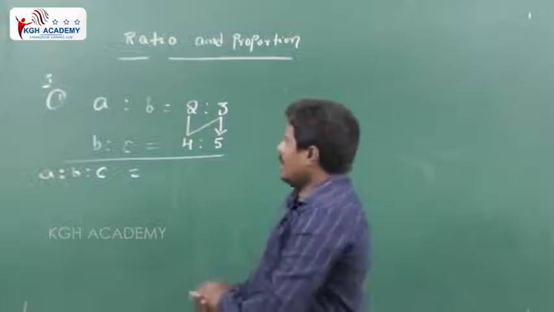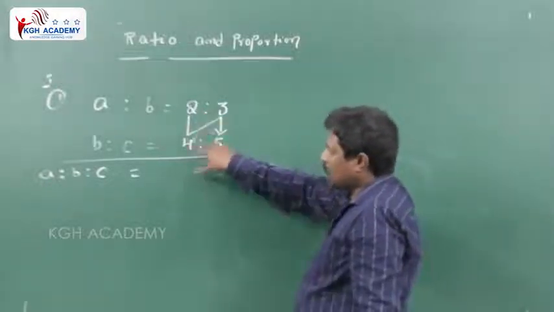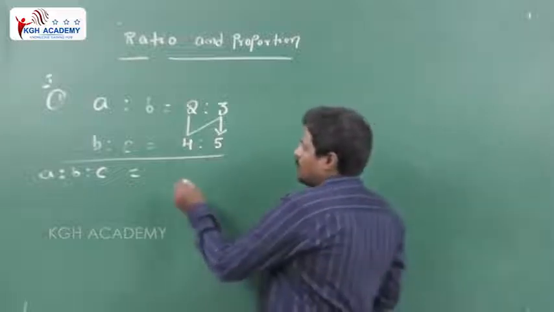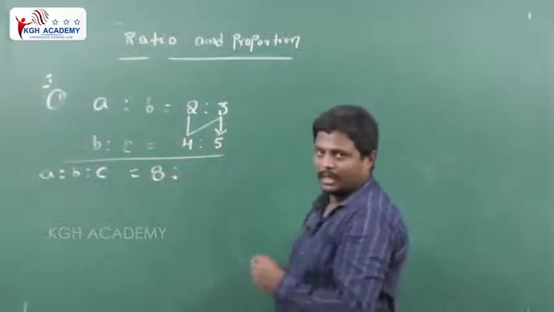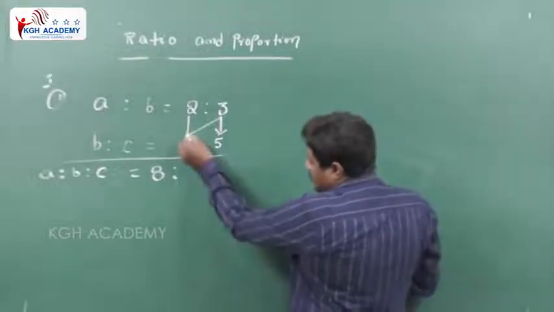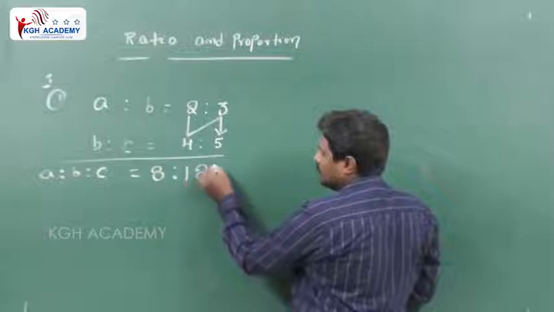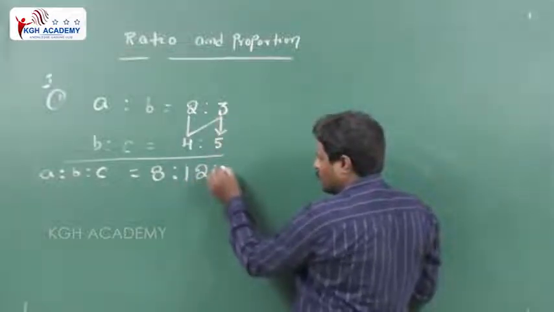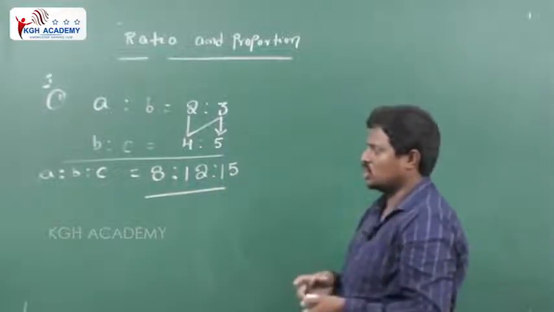Cross multiplication. First of all we need to multiply 2 into 4, right? 2 into 4 is nothing but 8. After that, 4 into 3 is 12. After that, 3 into 5 is nothing but 15. So the simple answer is 8 is to 12 is to 15.